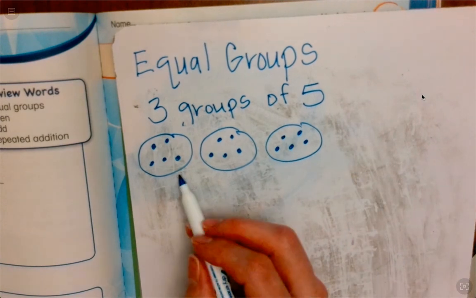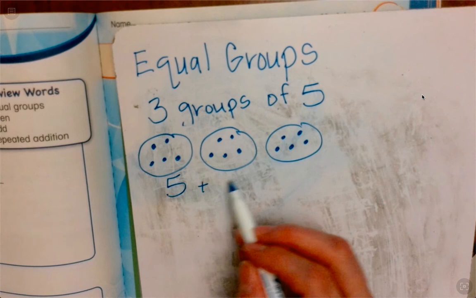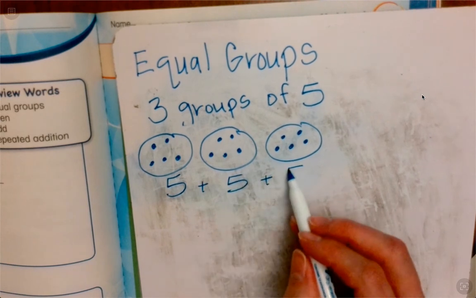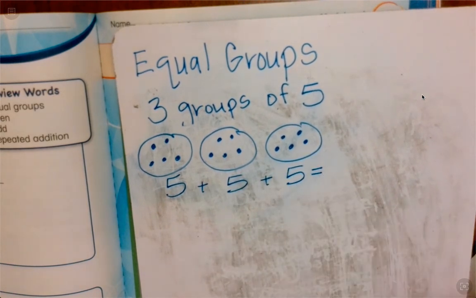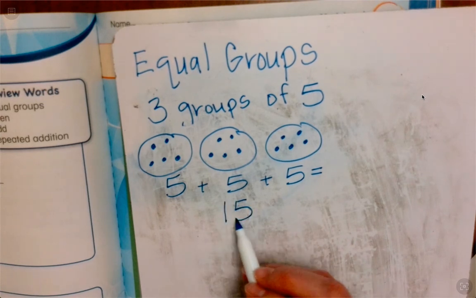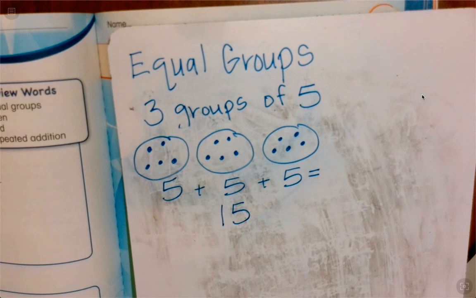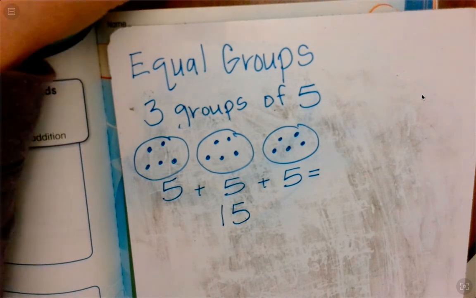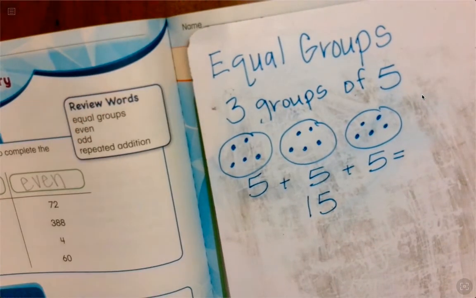Right, so I have 5 plus 5 plus 5. And what does that equal? 15. Good job. That is the lesson for today. It's just a quick review, basically, of these words that we have done before. Very good.